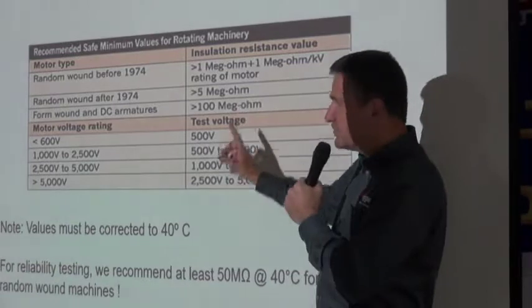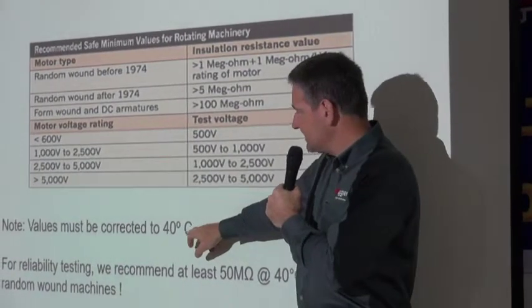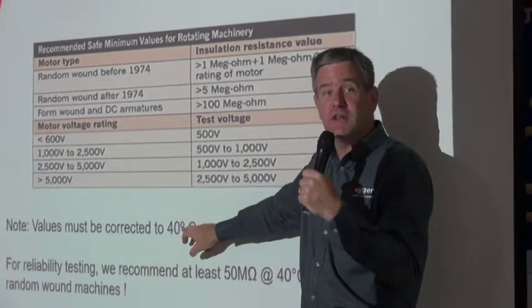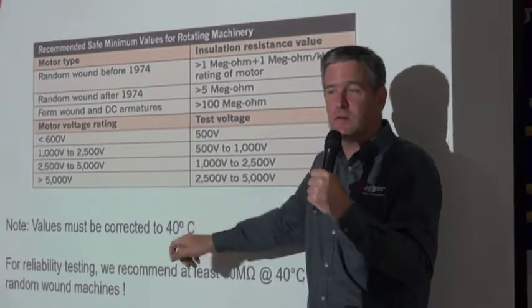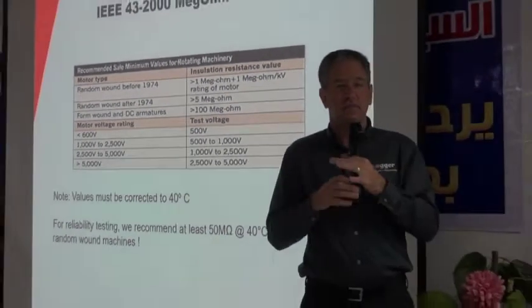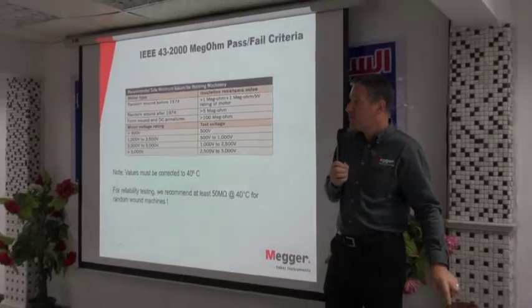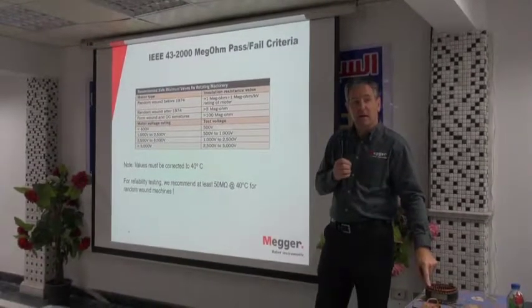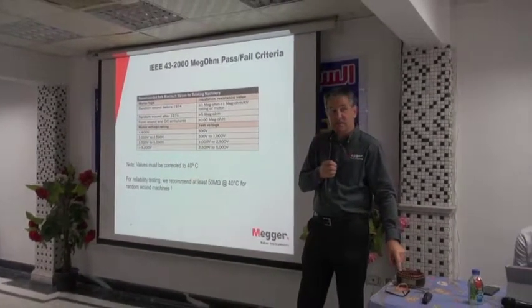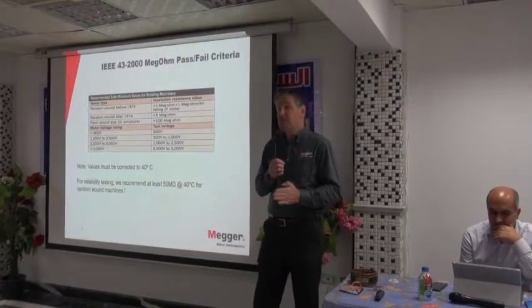Also, you have to understand the standard talks about 40-degree correction. So when you make a megohm test, you have to measure the temperature of your winding. So maybe it's 30 degrees, and you make a correction to 40 degrees.